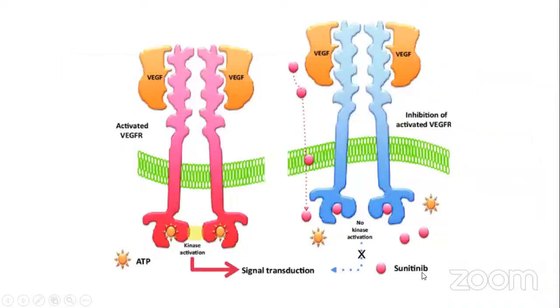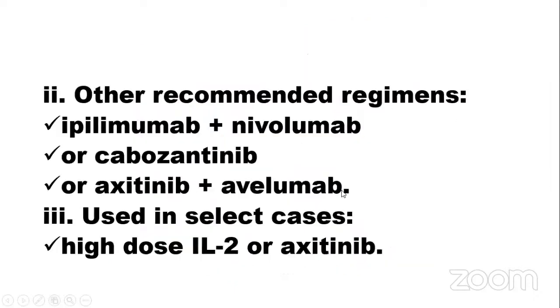And this is sunitinib. Sunitinib acts on this tyrosine kinase, inhibiting kinase activation. These are known as sunitinib or tyrosine kinase inhibitors. As you see, this is the normal, and this is the abnormal. Here we will inhibit it.